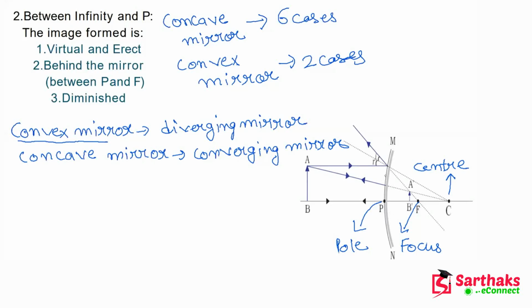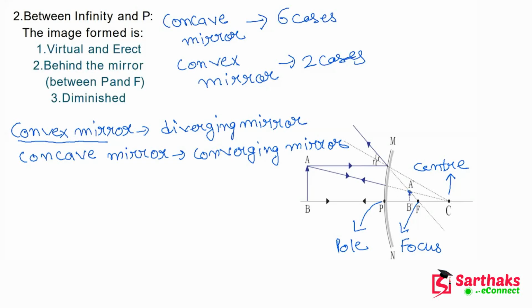I told you that whenever a ray appears to pass through the center, it follows the same path and goes again in the direction of the center. If I extend this ray behind the mirror, it appears to be passing from the center C.